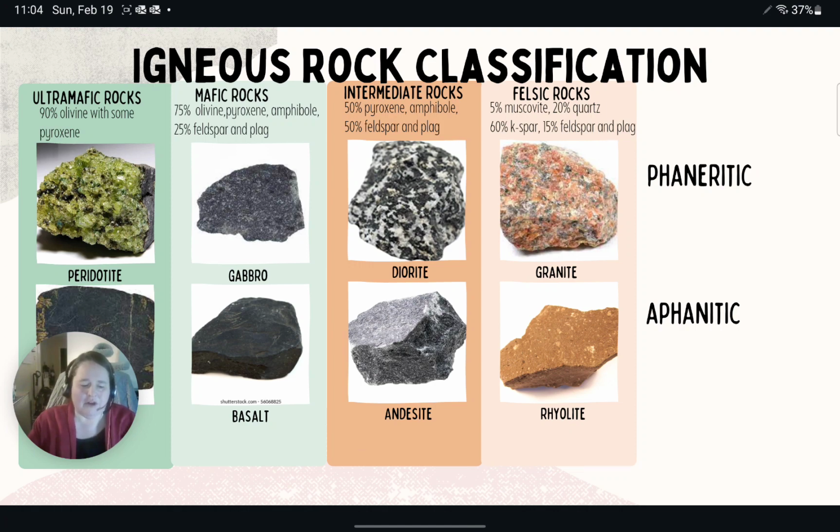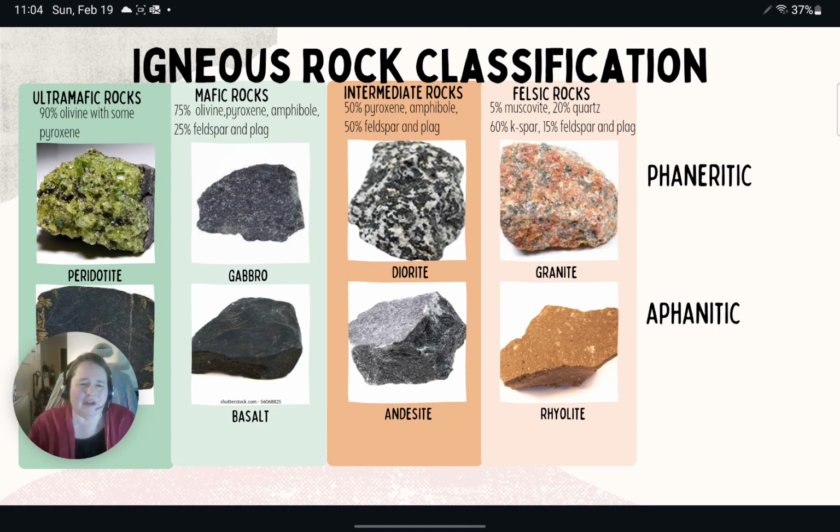We can use our knowledge about their mineral makeup and their texture to classify igneous rocks. For example, looking at this rock on the far left, we can see how green it is and know that this one's almost all olivine, or 90% olivine.